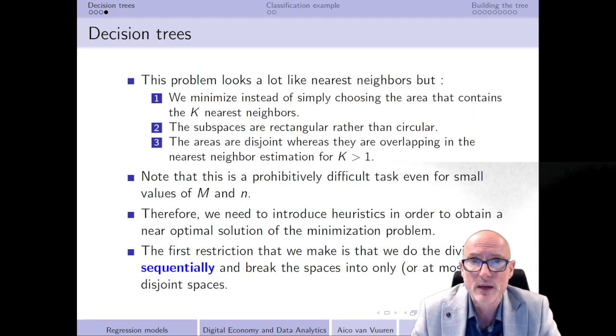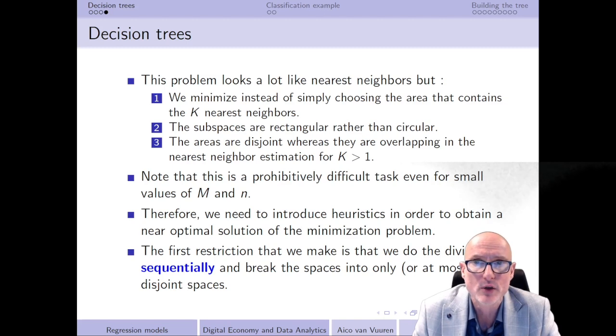And two points that are quite close by can have more or less the same neighbors. So there are differences between nearest neighbors and decision trees, even though the two methods also have things in common.